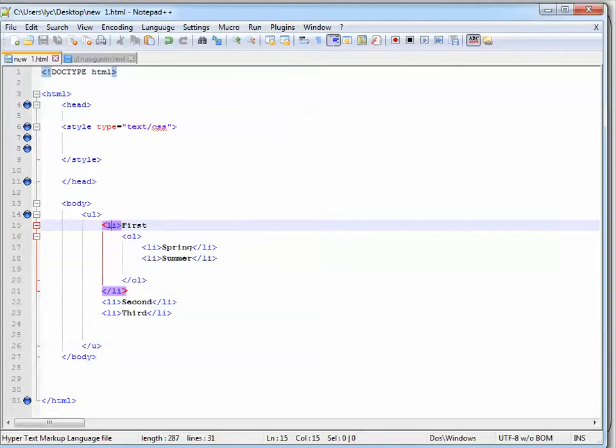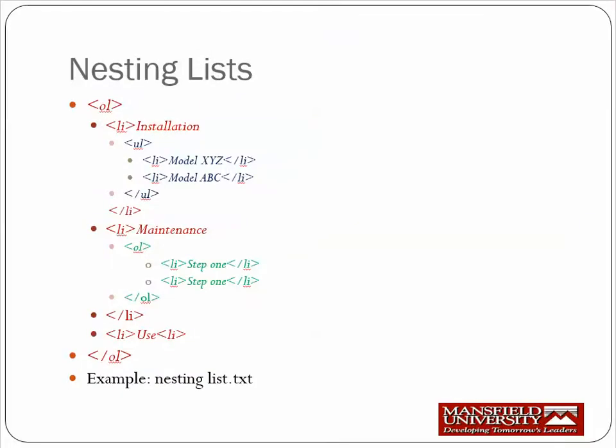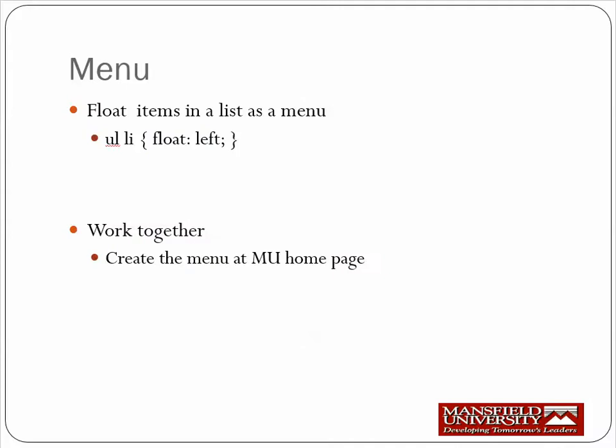You have to include the ordered list inside the first list item. That's the key point. Otherwise, you won't get the listing list. So remember, you need to close it at the end here. Don't close it directly after the first. So that's listing list.